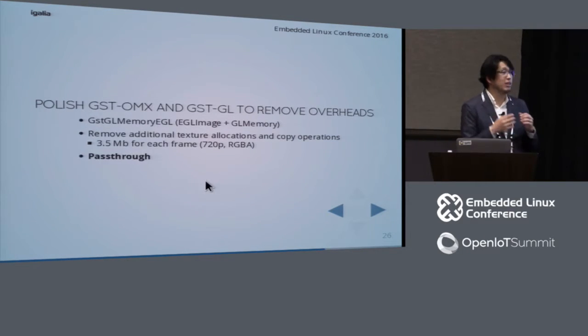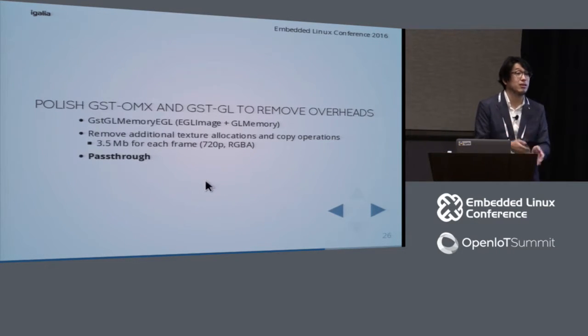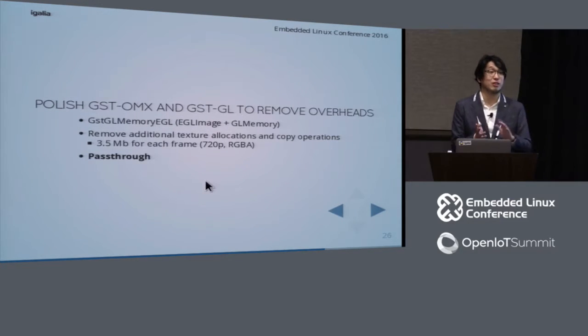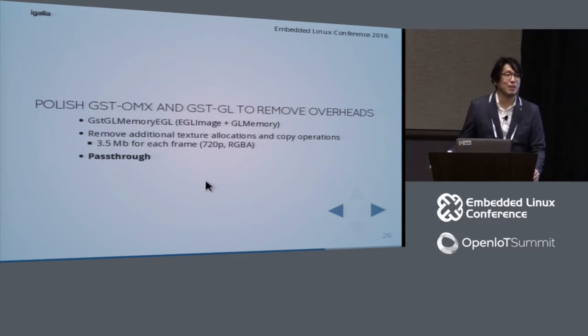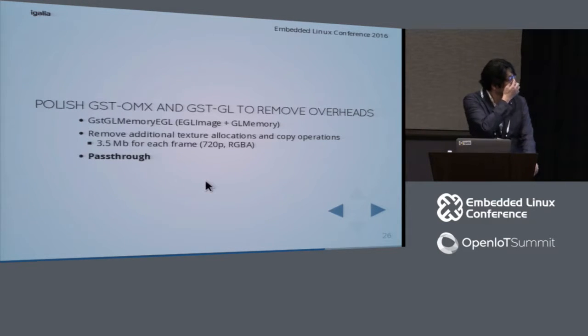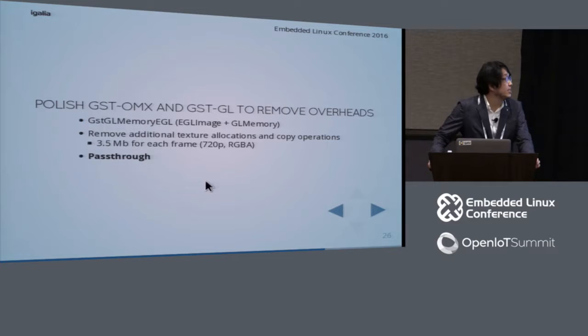We just implemented GstGLMemoryEGL, but we can implement other memory wrappers such as DMA-BUF, which can be used on other platforms. I have to implement GstGLMemoryDMABuf, but other than that, I don't know, not yet. Anyway, by implementing that, we could remove those color conversion operations and copy operations.